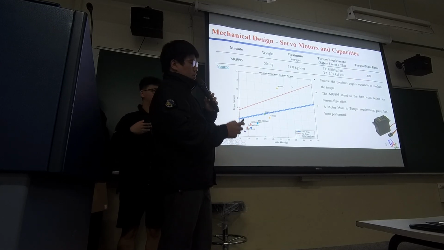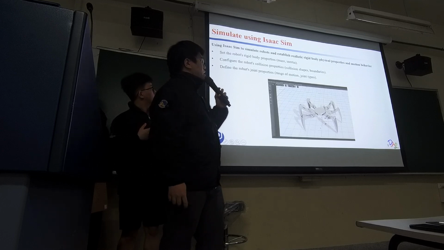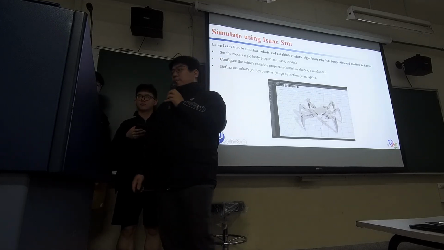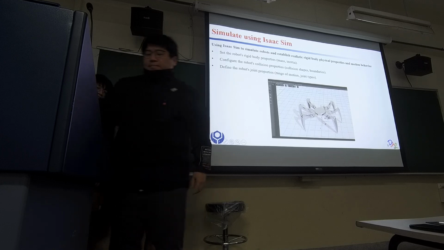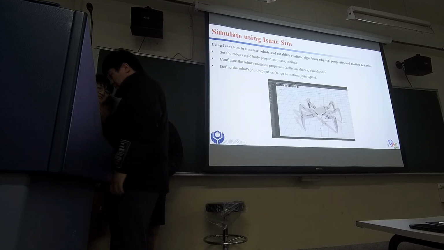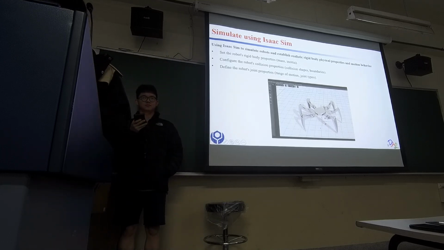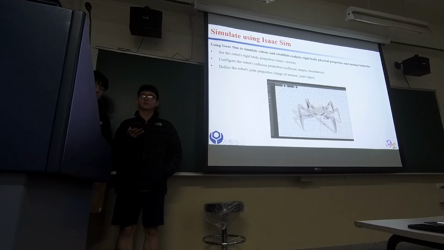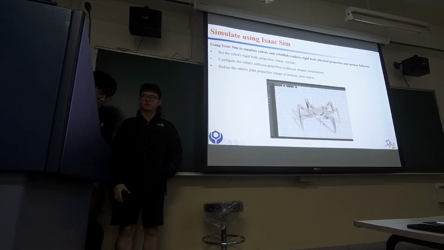Okay, so the next part will be the Isaac simulation. We do the simulation in Isaac, and after we import our hexagon into Isaac, we have to do several settings to control it.